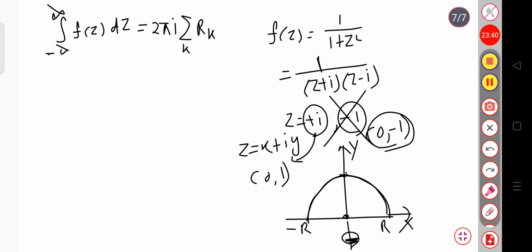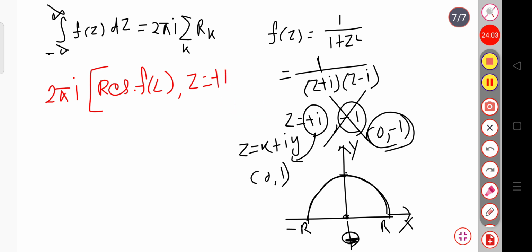Now we have to solve for this iota term. How can I solve this? So this will be nothing but 2 pi i times the residue. We are going to calculate the residue for f of z at the point z equal to plus i. Clear? Now this is z plus i power 1, it means that this is the pole of order 1.